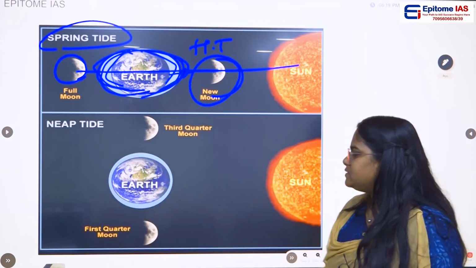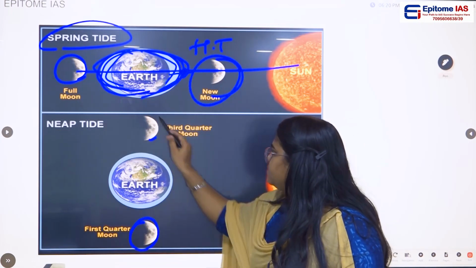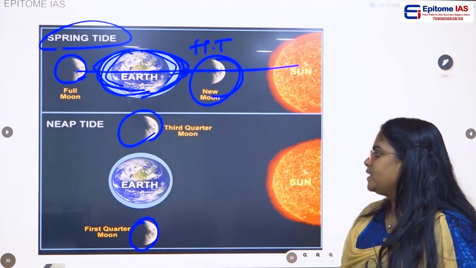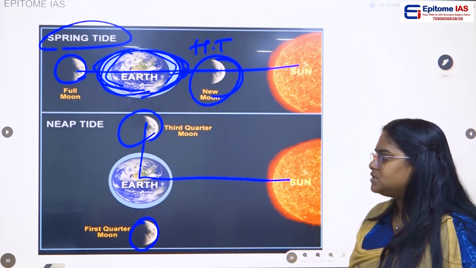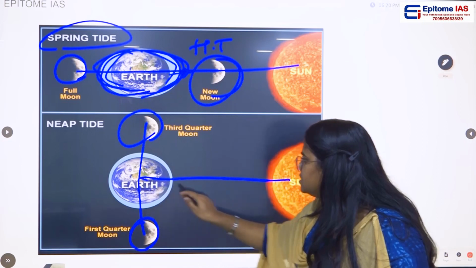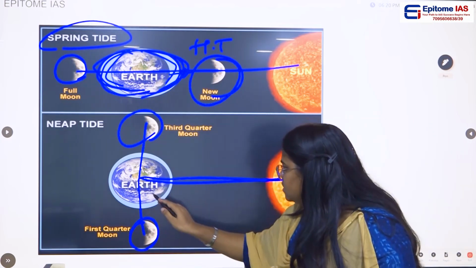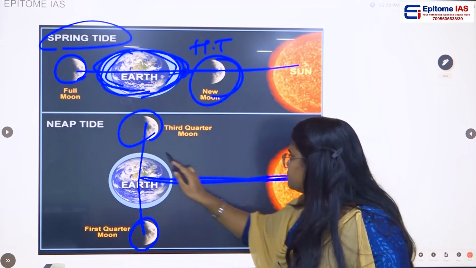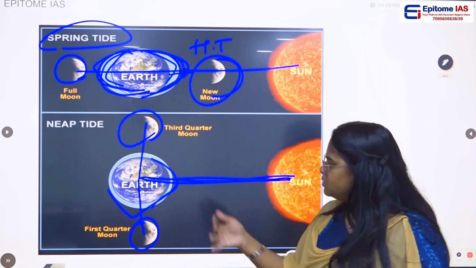Then we have neap tides. What are they? When the moon is in the first quarter moon and the third quarter moon position, the moon's position is perpendicular to the sun's position. In both cases, it is perpendicular to the sun's position. The sun is having a gravitational pull here and the moon is having a gravitational pull downwards.